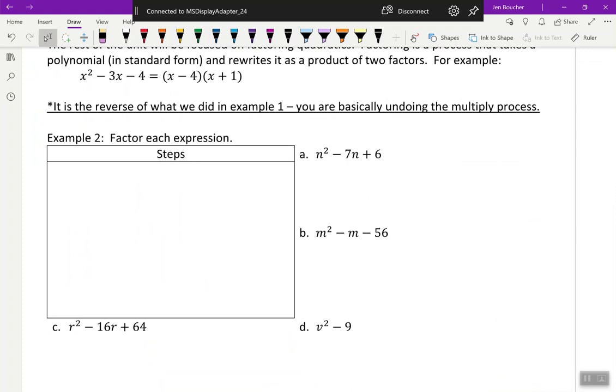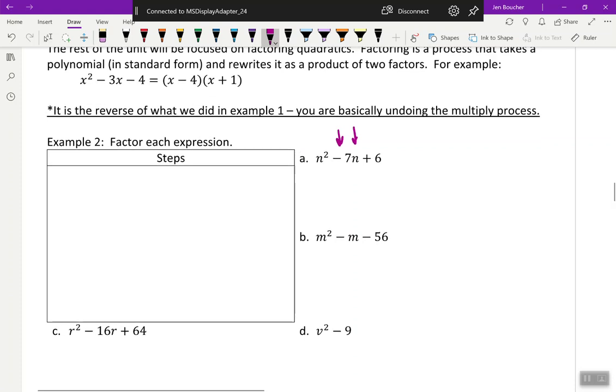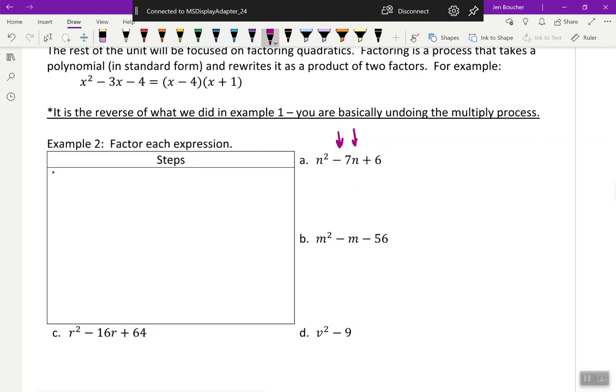Okay. So, we need to take something that looks like this and force it to have 4 terms so that we can group it. So, step 1 would be to play the multiply add game.